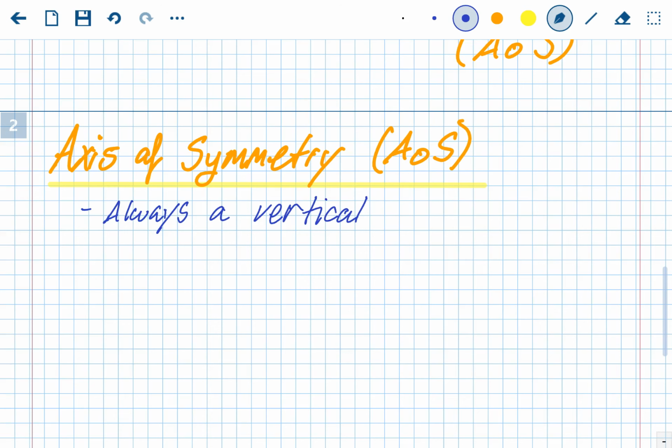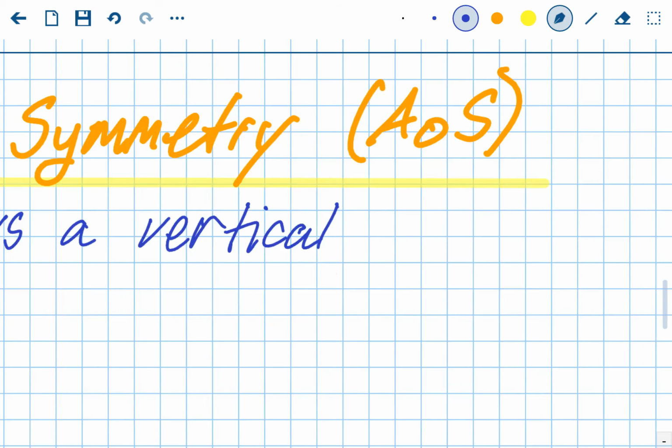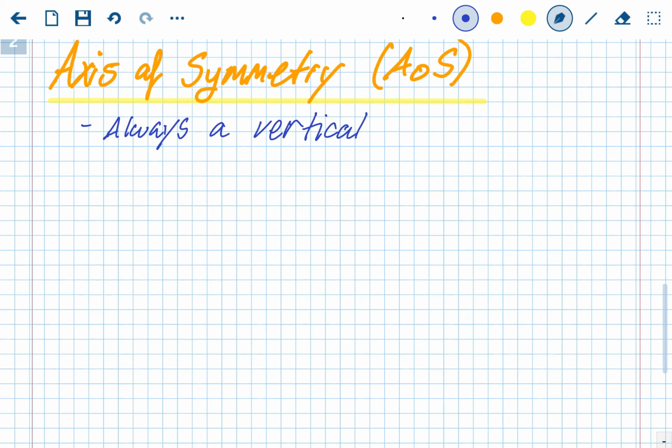We don't deal with parabolas that open left and right in Algebra 1 because they're not functions. They would fail the vertical line test. So our parabolas are always opening up or down, and therefore our axis of symmetry is always going to be a vertical line at x equals c for some number c. So x equals 1 or x equals 2. Remember, if you have an equation that only has an x value, it's going to be a vertical line. Only y is going to be a horizontal line.